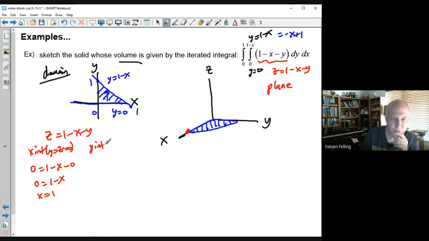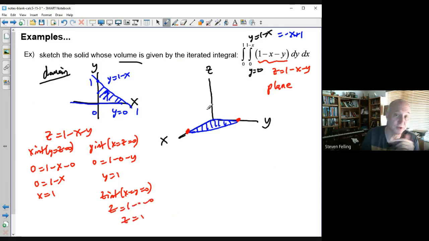The y-intercept would be when x and z are set to 0. So this would be 0 equals 1 minus 0 minus y, which will also produce y equals 1. And then the z-intercept would be when x and y are 0. That would be z equals 1 minus 0 minus 0, so z is 1 as well. So up here. So there are these three points that are on this plane, right?